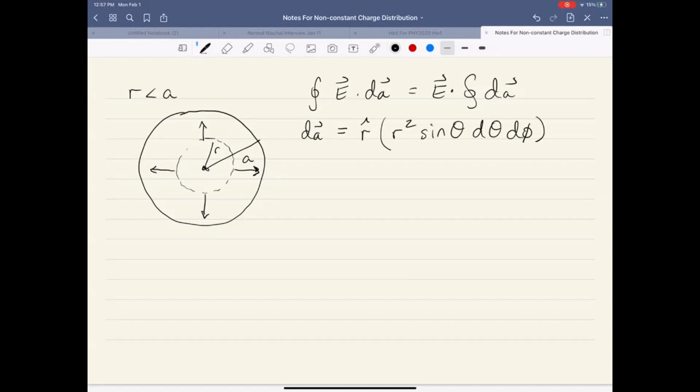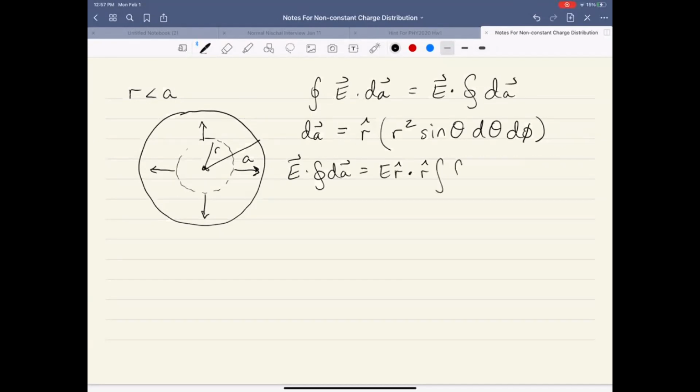All right, now what I've got is E dot dA is equal to, well, I don't know what my magnitude is. I'll just call it E, right? And then it's going to point radially outward, r hat. And then that's dotted with the direction of dA, which is in the r hat direction.